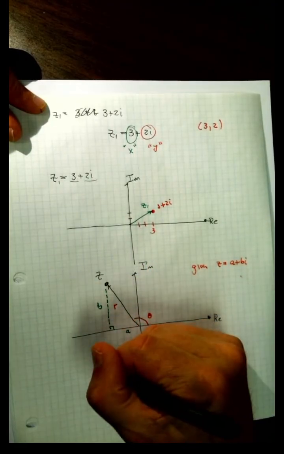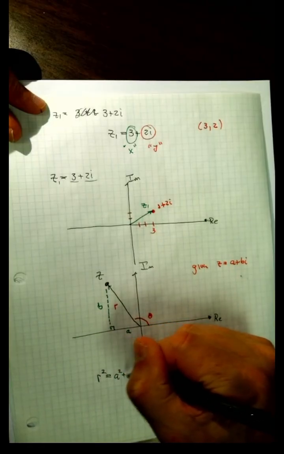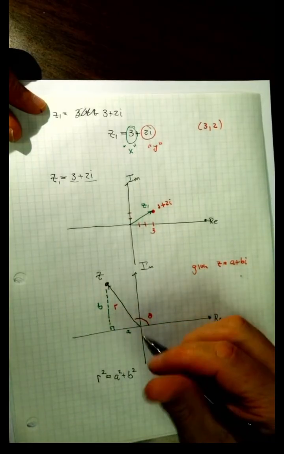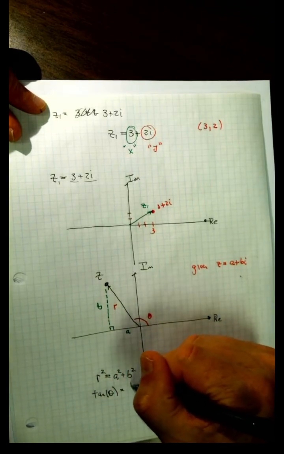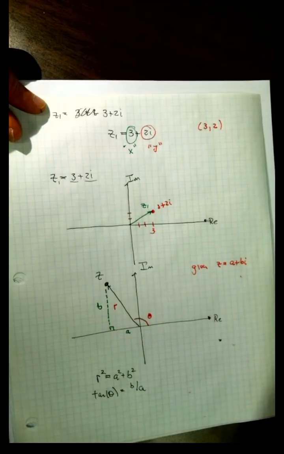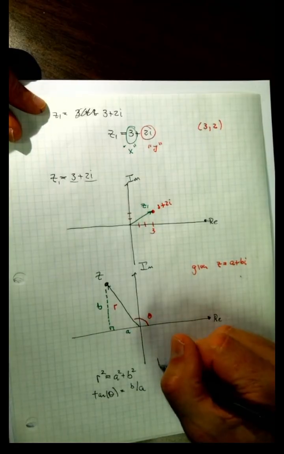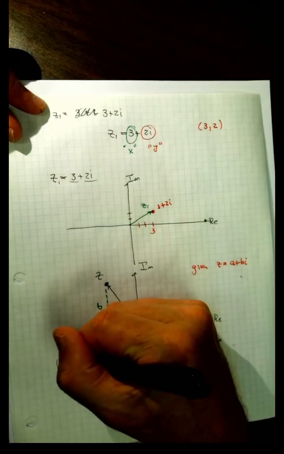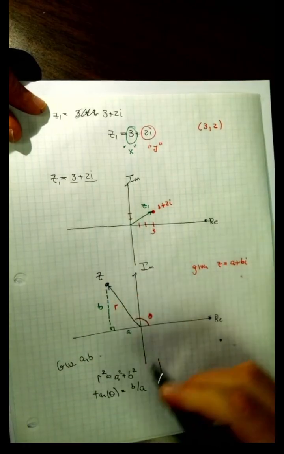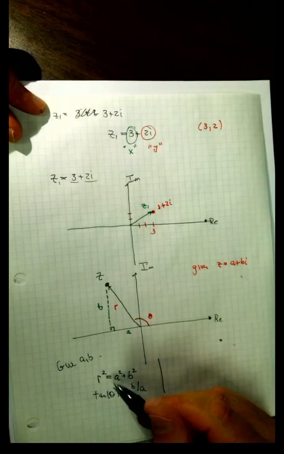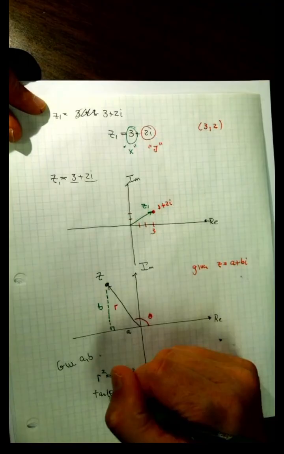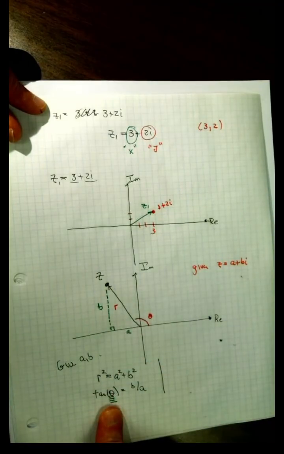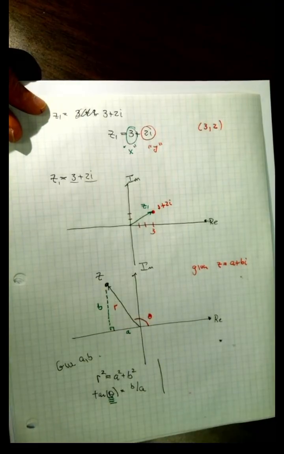We have that r squared is a squared plus b squared, and the tangent of theta is rise over run, or b over a. So if I'm given a and b, I can use this information to figure out r and theta. Notice you have to be a little bit careful here. You can't just use the arctangent because this could be in quadrants 2 or 3. So you need to be really careful how you interpret this.